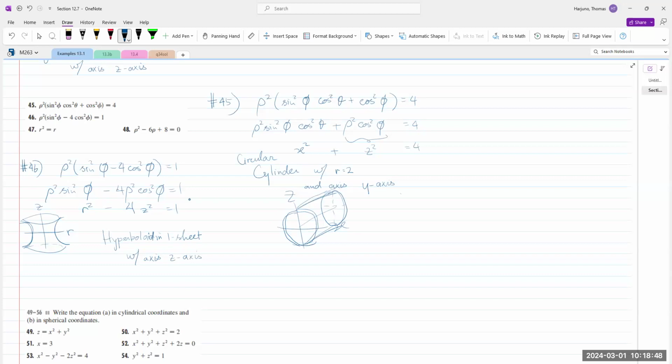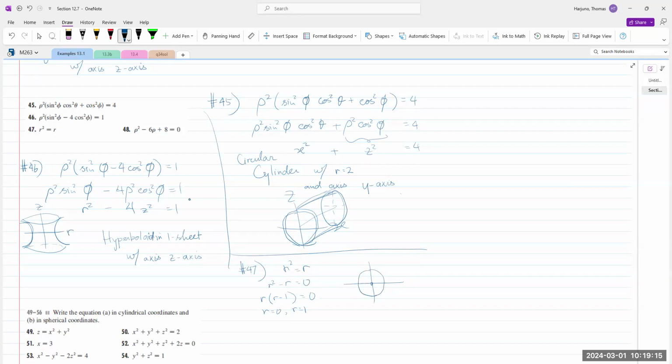And then number 47, r squared equals r. Oh, r squared minus r equals 0. So r equals 0 and r equals 1. Then one of them is a point at the origin and the other one is a unit circle.